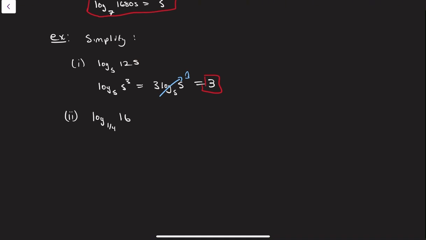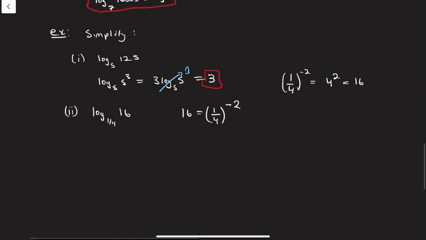It turns out 16 is equal to 1/4 to the negative 2, because if we bring it to the top, 1/4 to negative 2 is equal to 4 squared, which is equal to 16. So we can put 16 into this form.